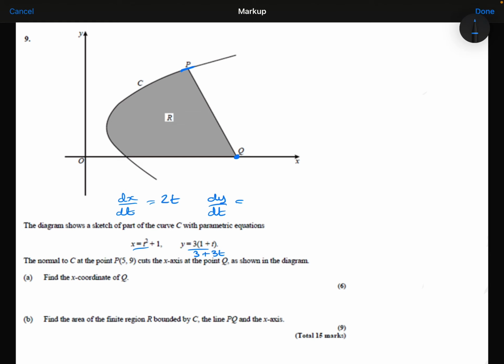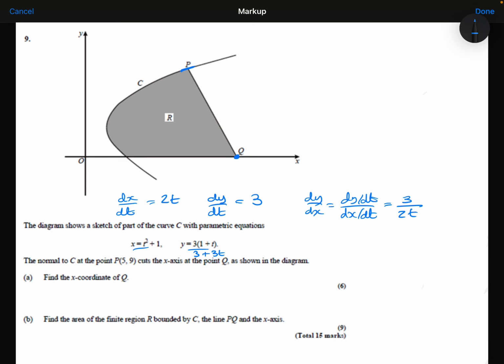Differentiating 3 plus 3t, I'll get 3. I know dy by dx is equal to dy by dt divided by dx by dt. So it's 3 divided by 2t. That's the gradient function in terms of t.